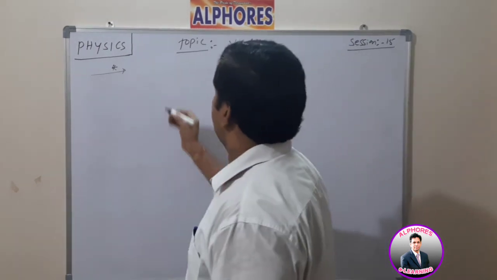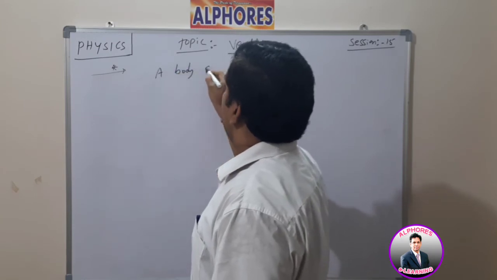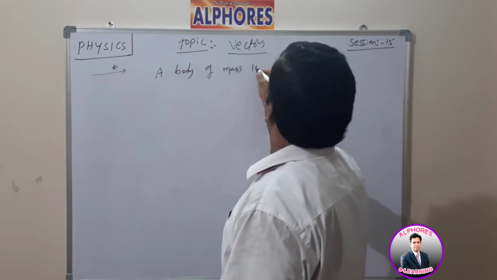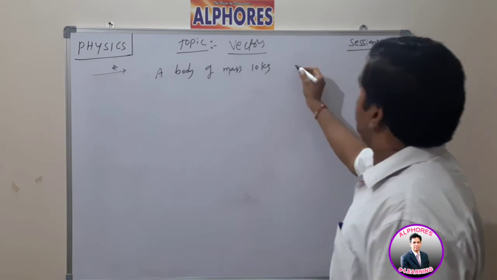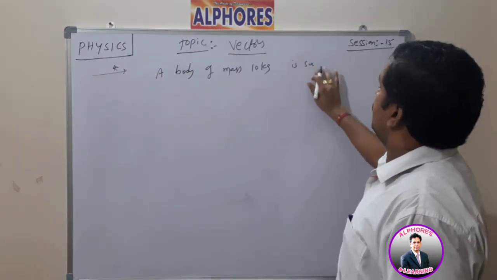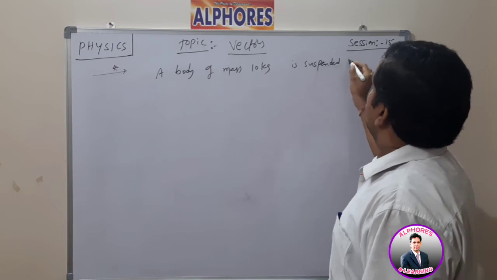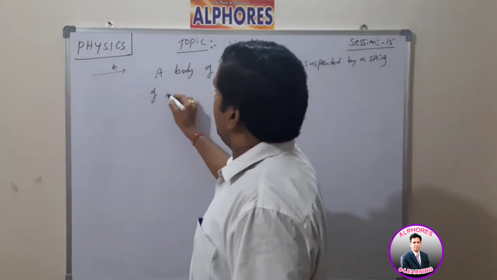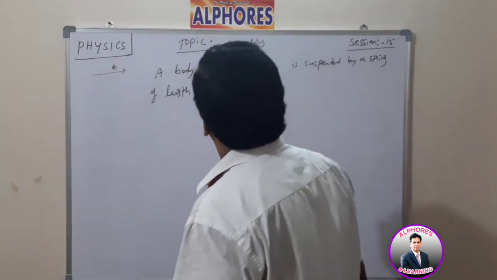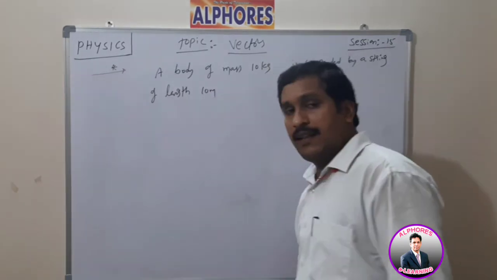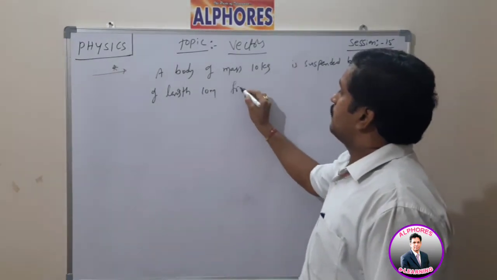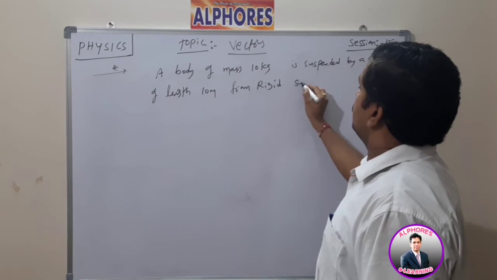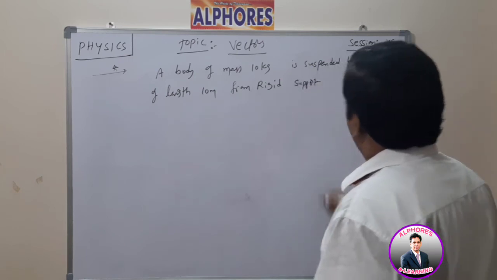A body of mass, let us say 10 kg, is suspended by a string of length 10 meter from rigid support.